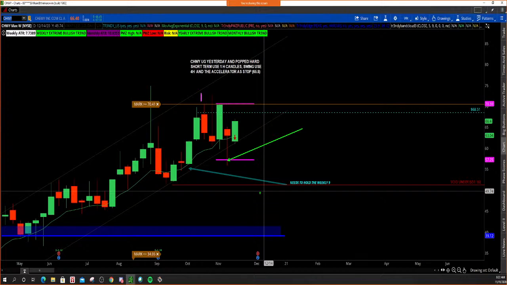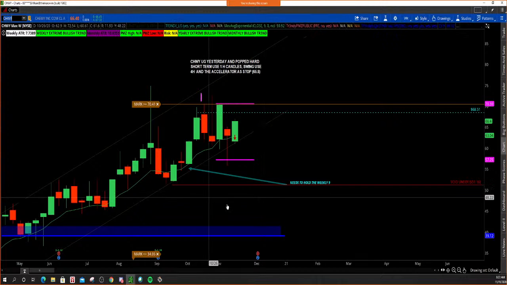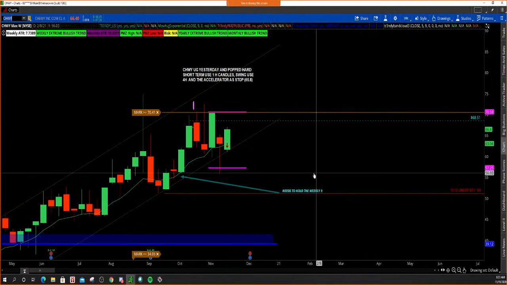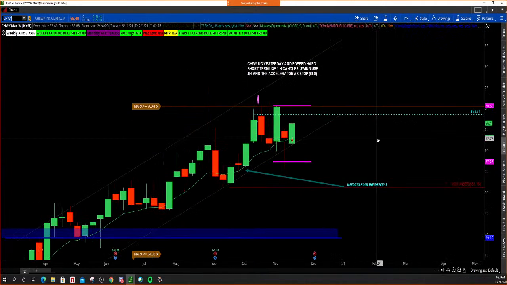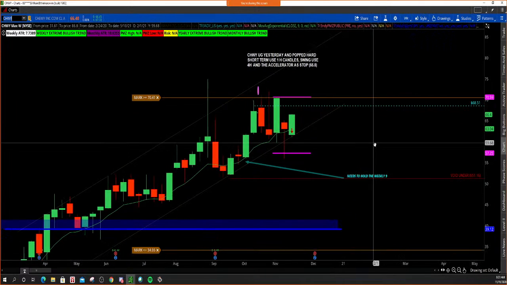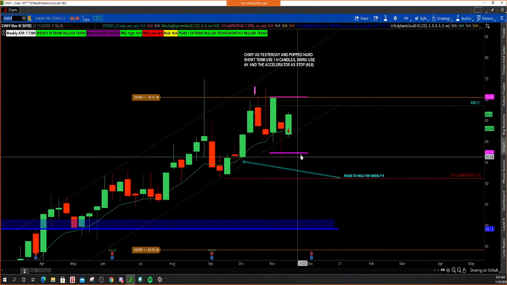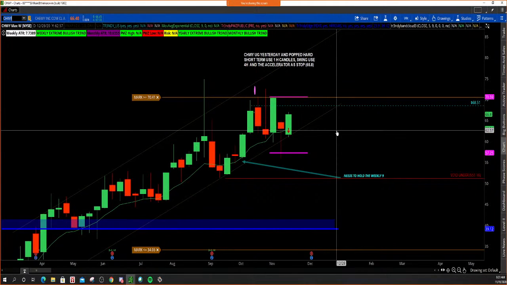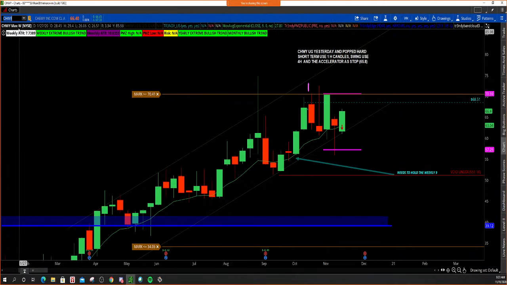When you get really good, I could turn all this off and I can visualize and see all this. But if you're new, it really helps to understand where really good support is and where really good resistance is. Okay. So again, if we can get over 70.60, this thing breaks out. Then we're looking up there towards 80.85. All right. But for right now, inside and up, it needs to hold 62 and a half.